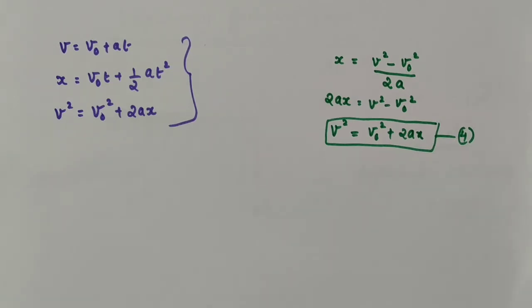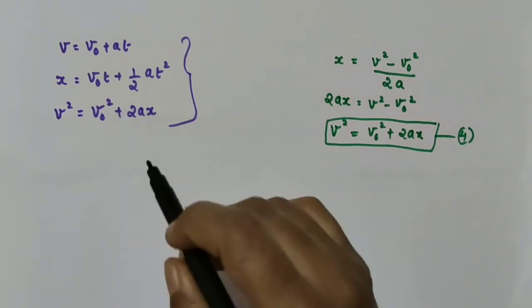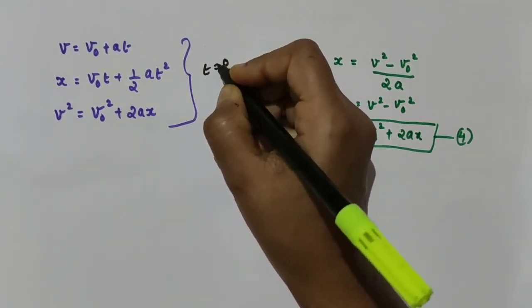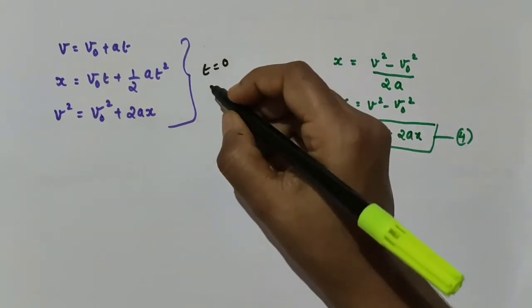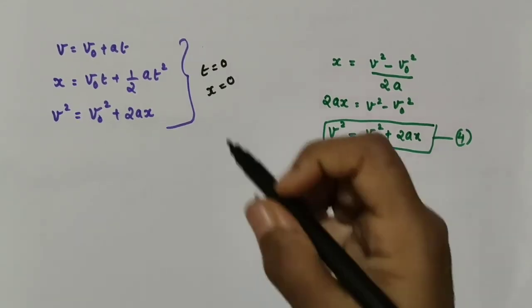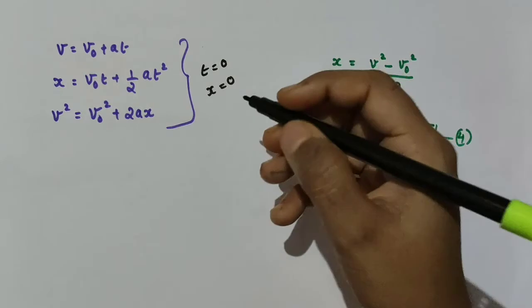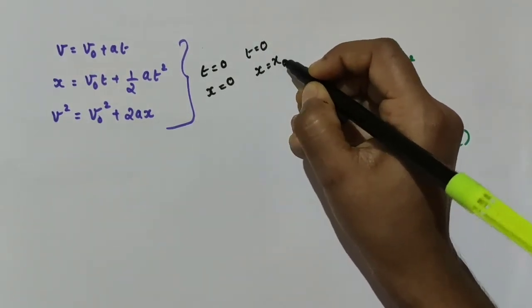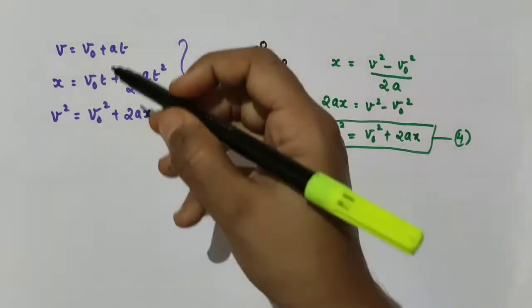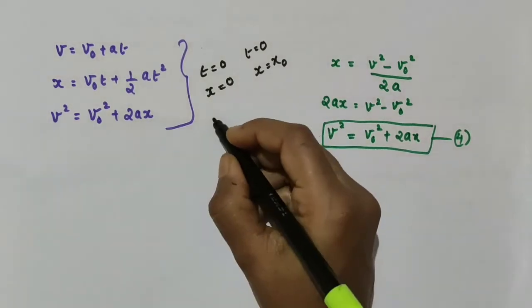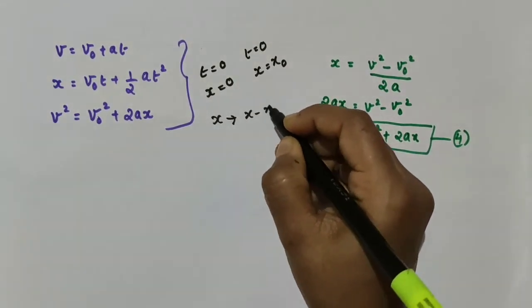Now, actually these three equations were obtained by assuming that at T equal to 0, the position of the particle, that is X, is equal to 0. But if the position of the particle at T equal to 0 is not 0, that is, if the position of the particle is some value X0, then these three equations can be modified by replacing X with X minus X0.